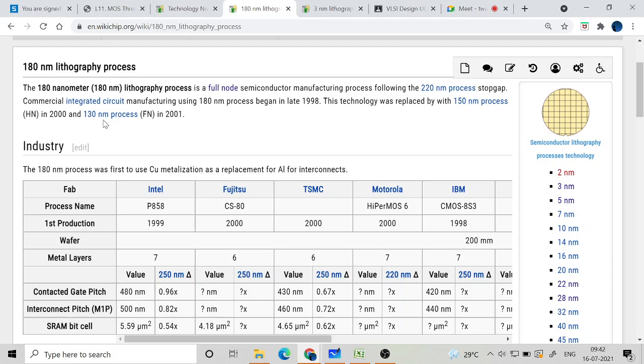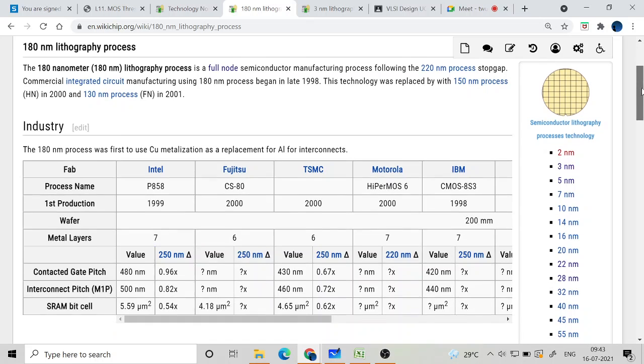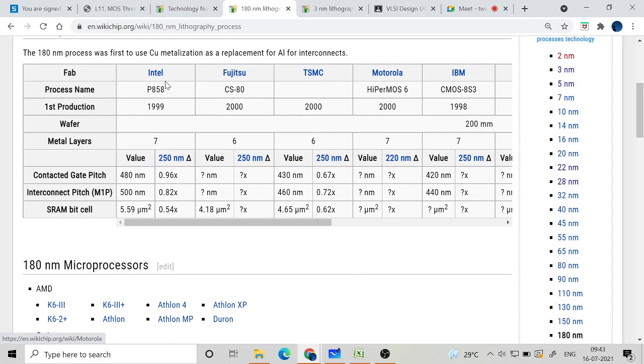So it's the turn of the century, and the players that are involved here. Now there are more companies coming into the domain. TSMC also came in 2000. Then Intel was already there.